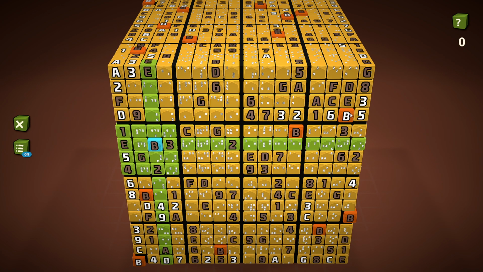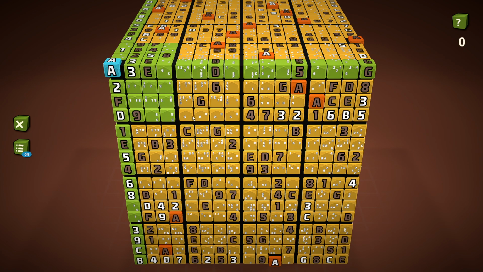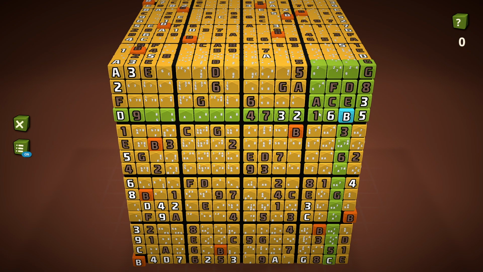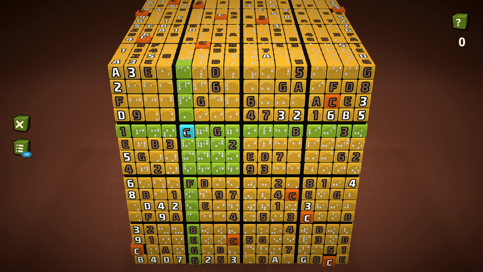Okay, so this row here, right? 1, 2, 3, 4, 5, 6, 7. Missing an 8, 9. This row here is missing an A. So let's just do all 6 of these at once. So all of these 4 could be A's. This row has a B, but it is missing C. So it looks like any of these could be a C. So it looks like C's weren't implemented in properly.